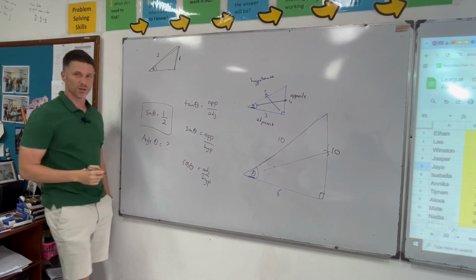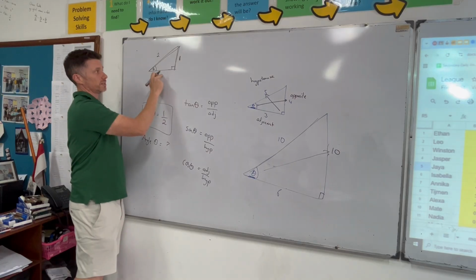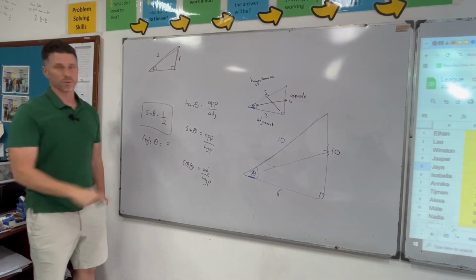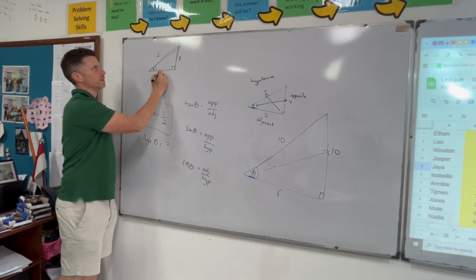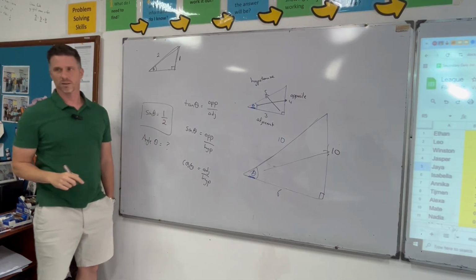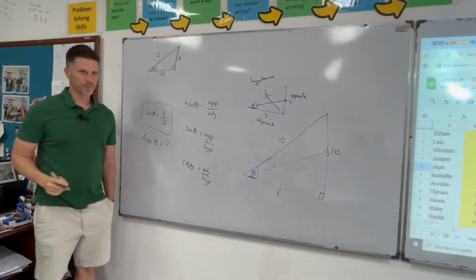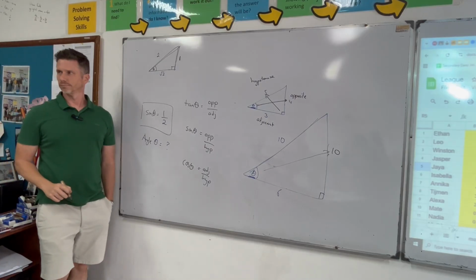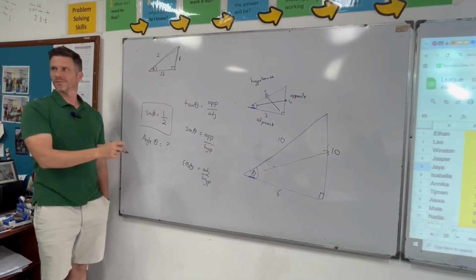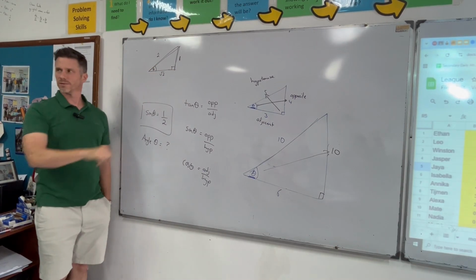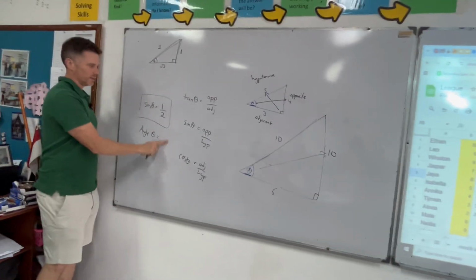We have this angle over here. I could get the other side of this using Pythagoras. What would it be? 4 minus 1 rooted, so root 3. Wouldn't it be? 2 squared minus 1 squared. Yeah. But what's the angle?